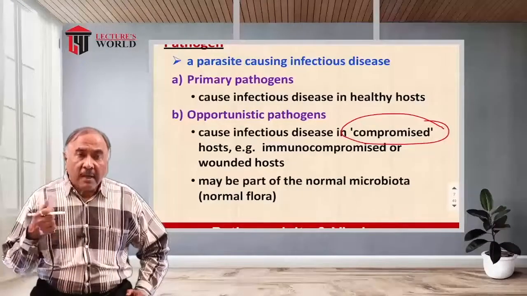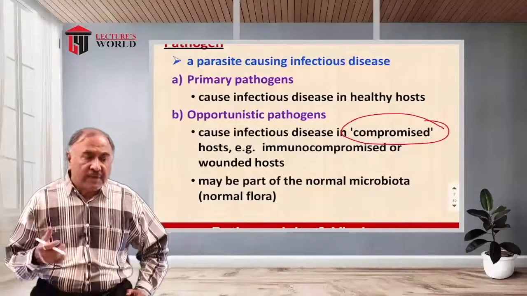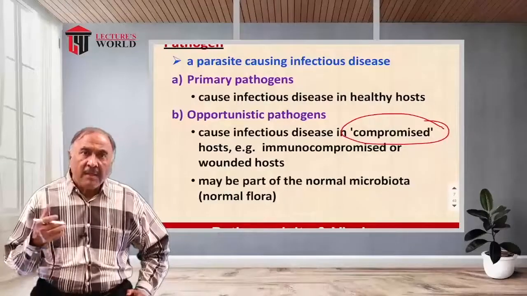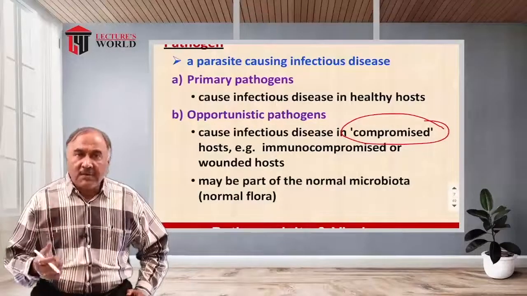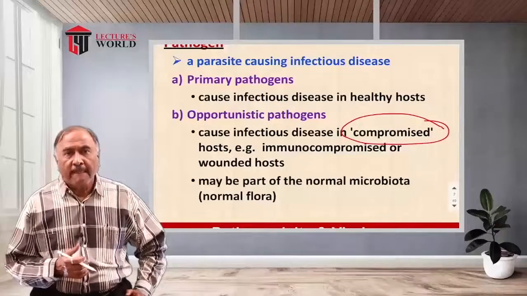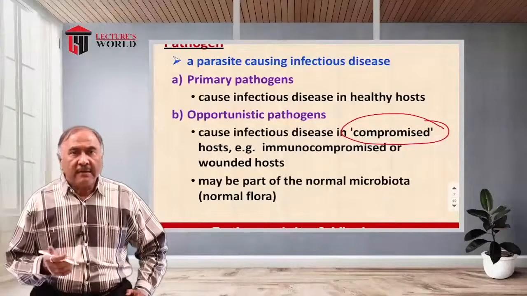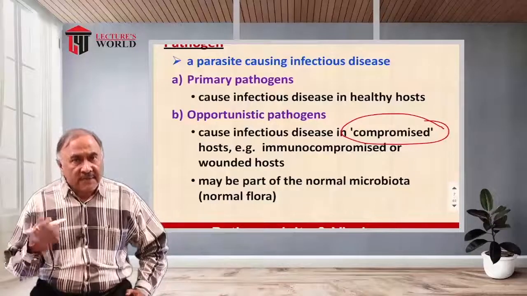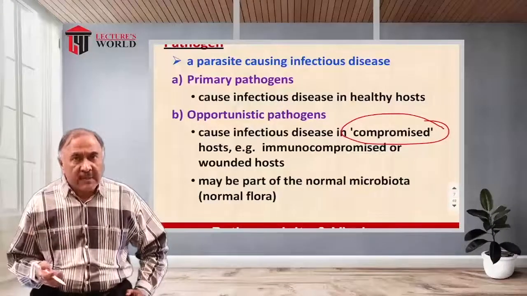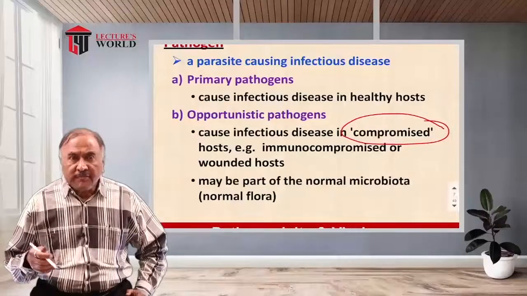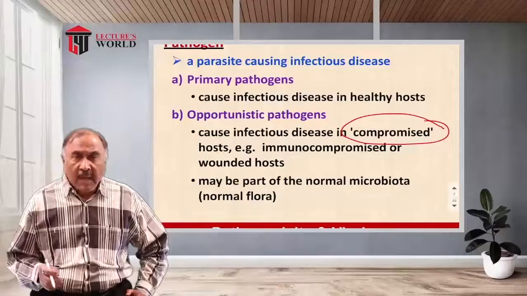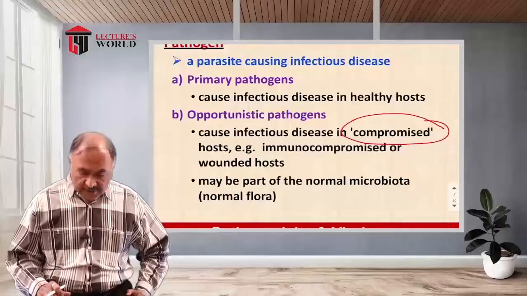But when the person is healthy, they cannot cause any disease. But when the host is sick, compromised, at that time infectious disease may take place. And that is why they are known as opportunistic pathogens.